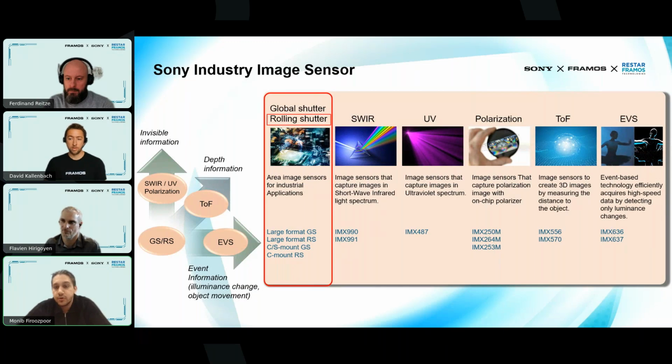Then I will also give you a global shutter example of our large format sensors too. However, we do have some newer areas of products such as SWIR, UV, polarization, time of flight, and event-based vision. This is Sony venturing into new markets and new applications to explore and show their expertise in these markets as well. Next slide, please.